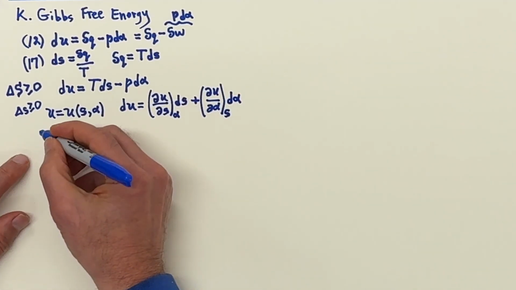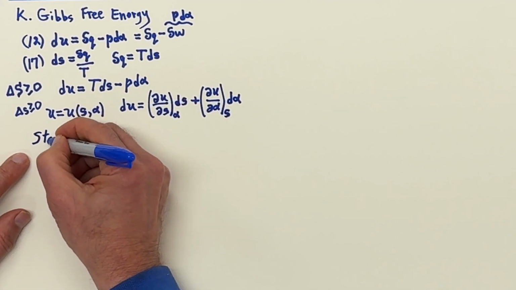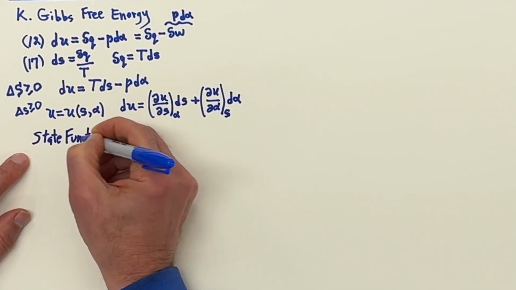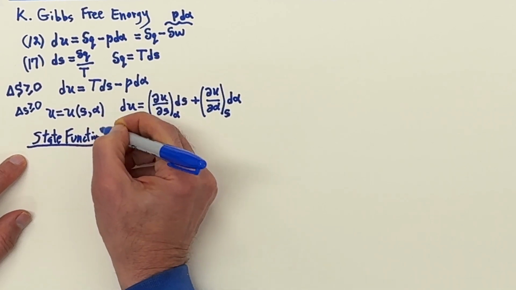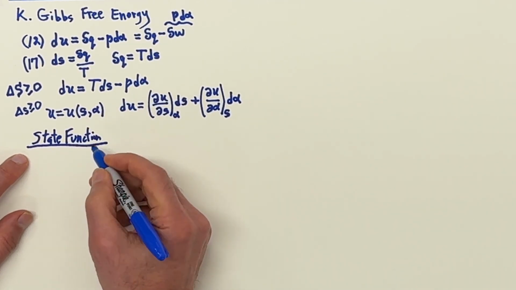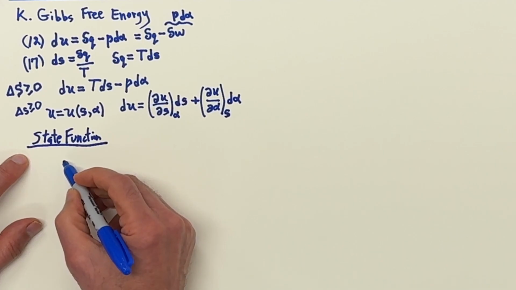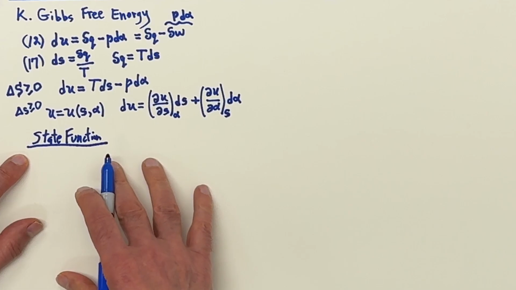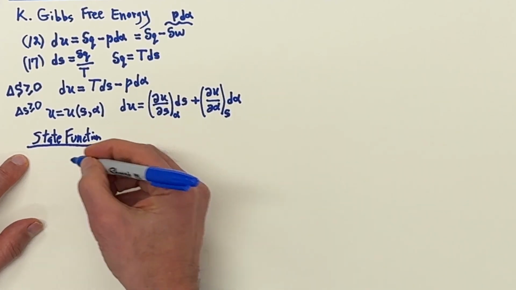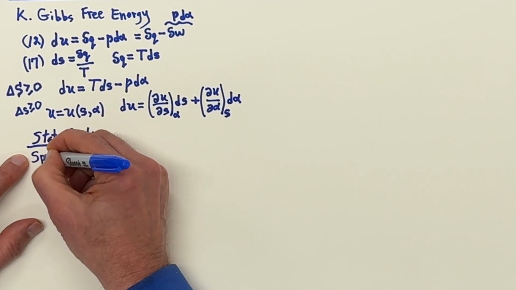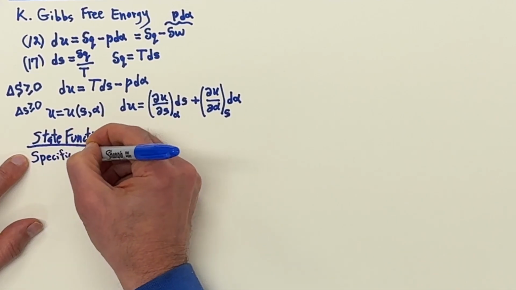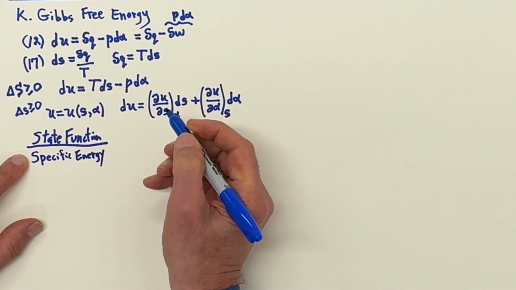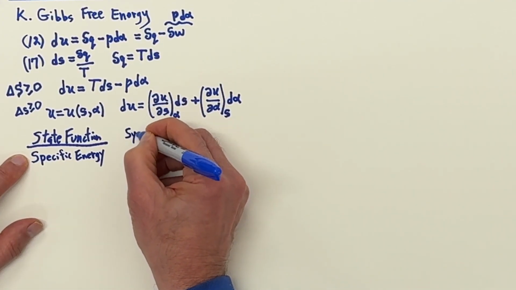So now we'd like to make a table. We're going to call the first column state function. And historically, energy has been considered a state function, and we'll list that first. I'm going to assume that these are all going to be per unit mass, so I don't have to write down specific every time. I'll start though here. Specific energy. And that's going to be then a symbol for that.